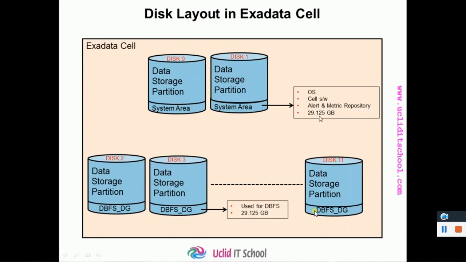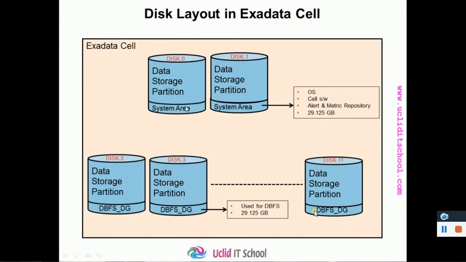This size is 29.125 GB, approximately 29 GB. So on the first 2 disks, 29 GB is reserved for operating system binaries, shell software binaries, and the alert and metric repository.